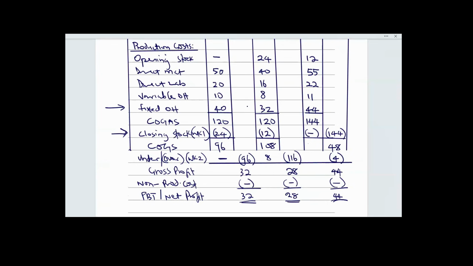Of course, this one is supposed to be 144. Thank you. 144 minus 4. Yeah, you're correct. Thank you for that observation.